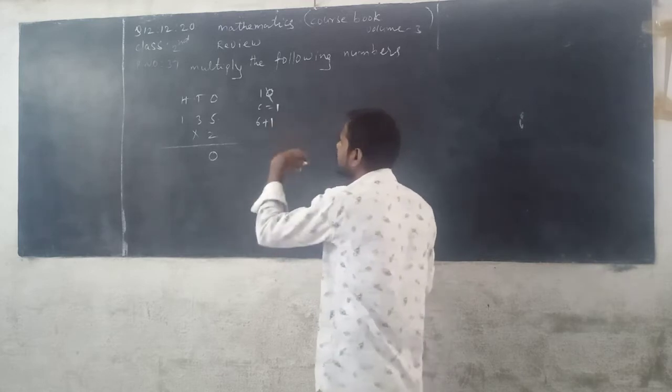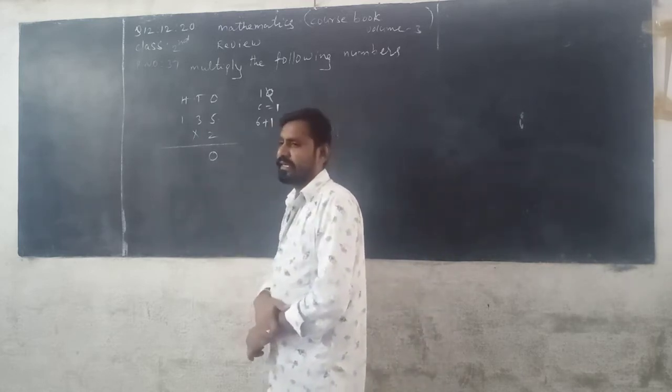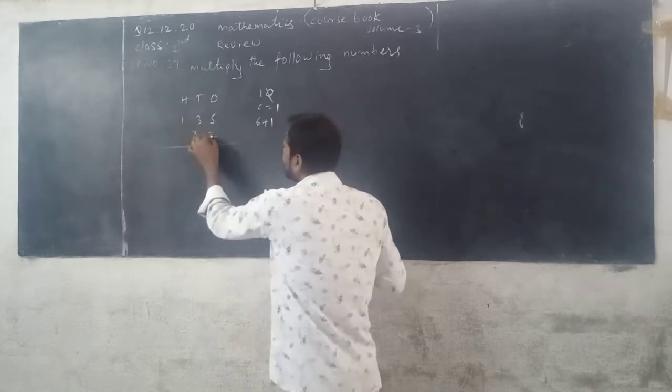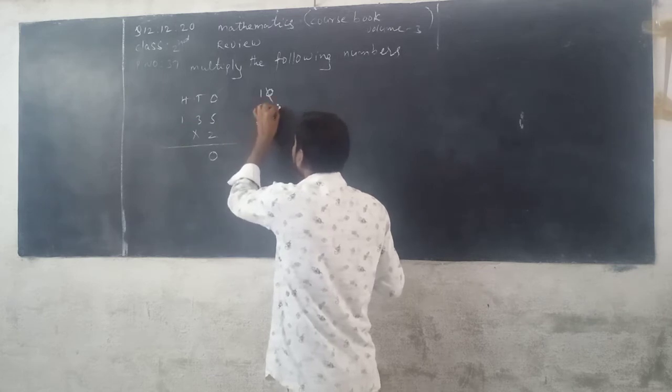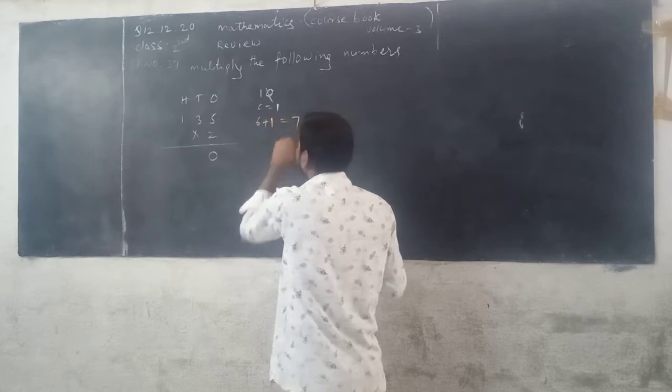The carrying is always added to the next product. 2 3s are 6, plus 1 carry, so 6 plus 1 you can get 7.